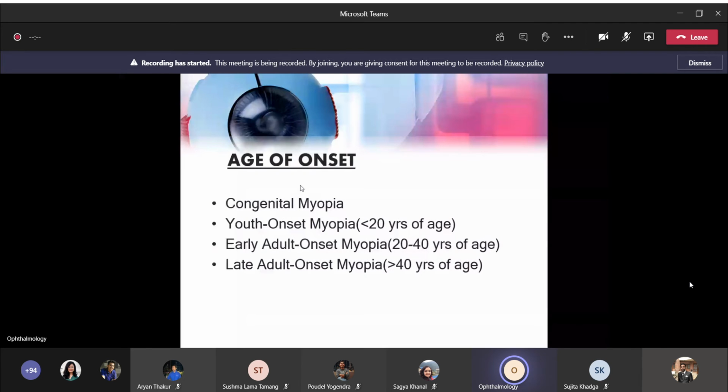Now, on the basis of age of onset, there is congenital myopia, which is present since birth. Youth onset myopia is less than 20 years of age. Early adult onset myopia is 20 to 40 years of age, and late adult onset myopia is observed in the more than 40 years age group.